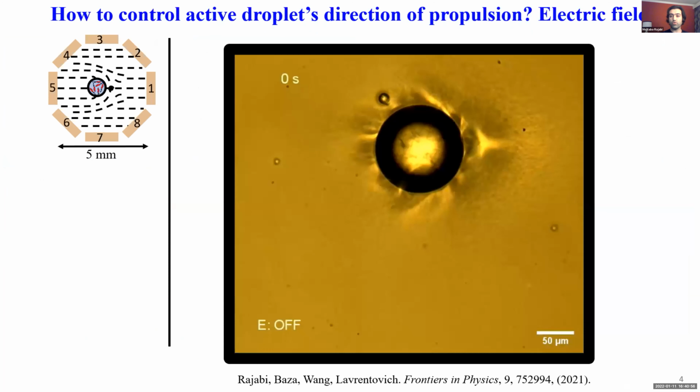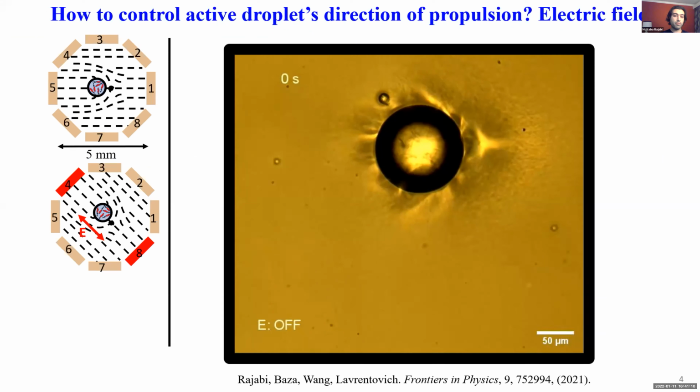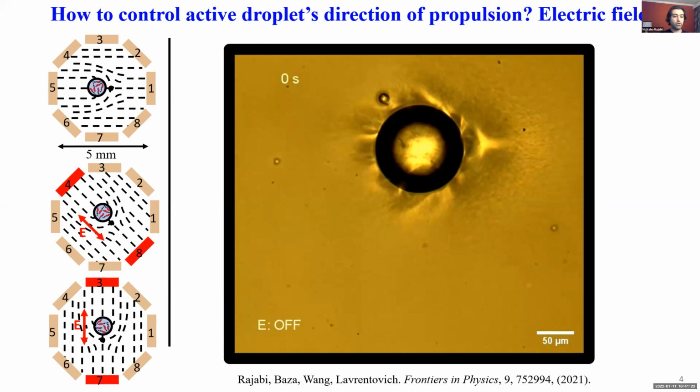We use this idea to control these droplets. Here is what we do with an electric field. We have a set of electrodes here in the left image, and we can apply an electric field using a pair of those electrodes. The liquid crystal molecules want to realign themselves and stay parallel to the field. We can change the direction of the electric field using different electrodes.